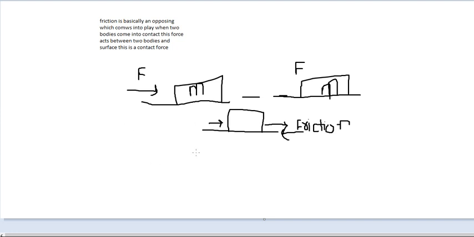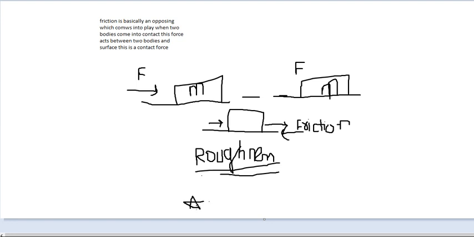That friction may be due to roughness. It may arise due to the roughness of the surface, or the second point is due to adhesive force.